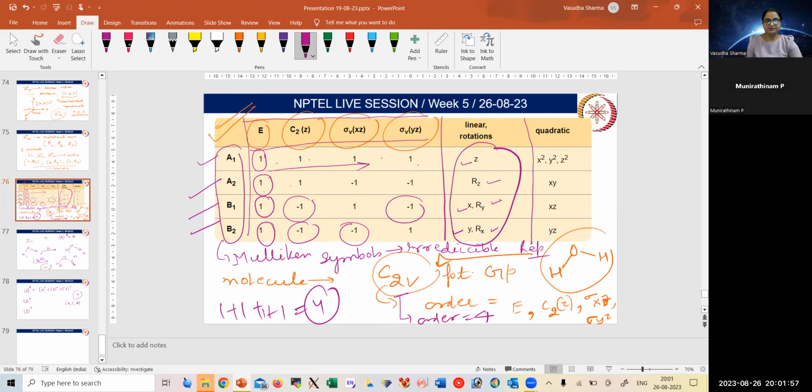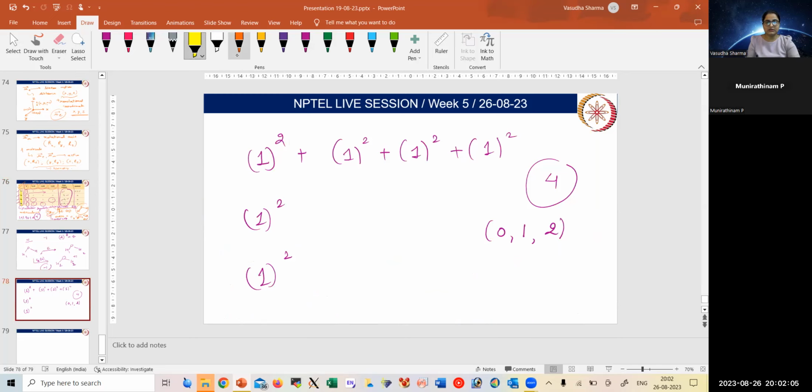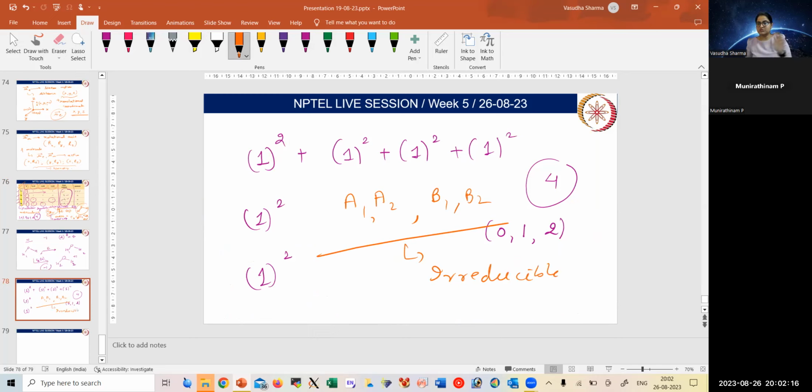Now, what you're seeing on the left side, A1, A2, B1, B2, are called irreducible representations. That means those representations which you cannot reduce any further.